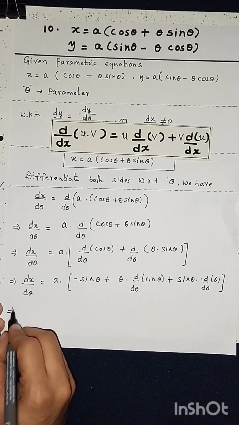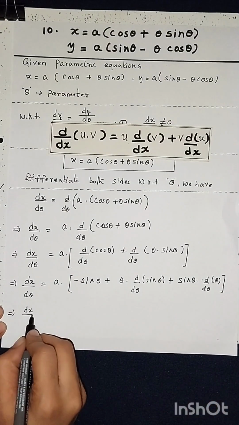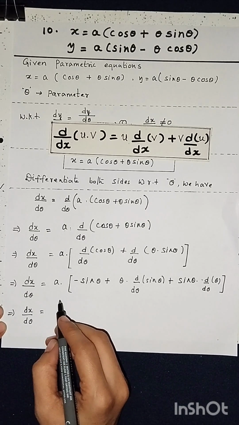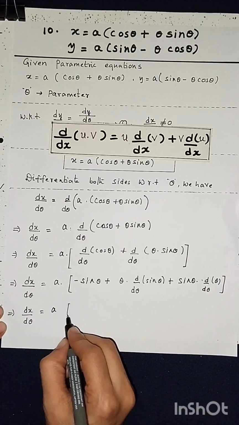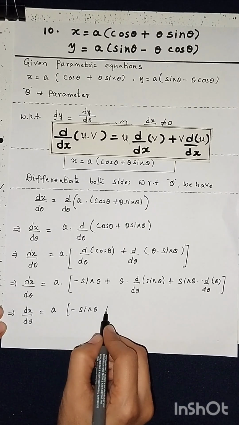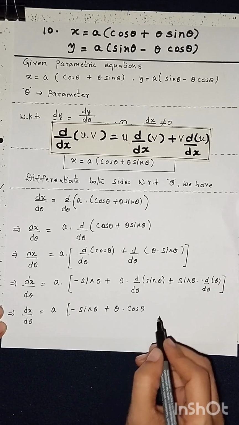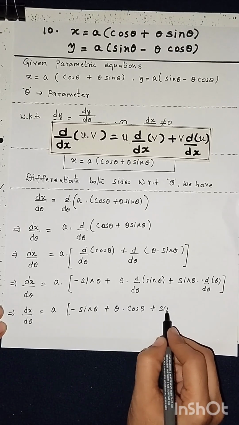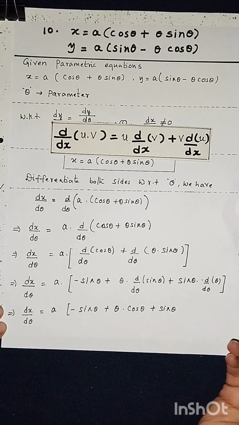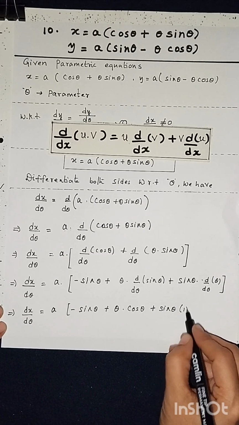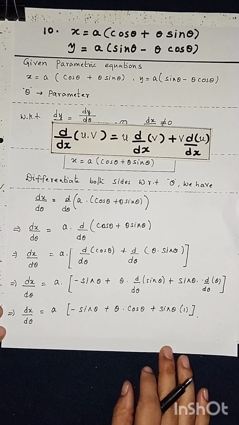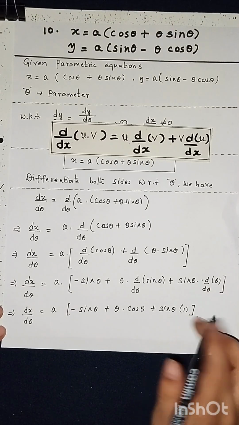Now this implies dx by d theta is equal to a into minus sin theta plus theta into derivative of sin theta, which is cos theta, plus sin theta. So derivative of theta is 1. How did you get this as 1?